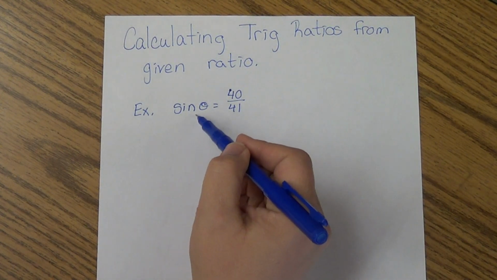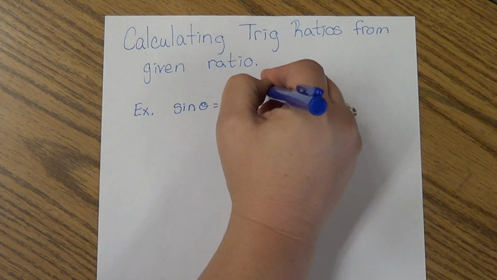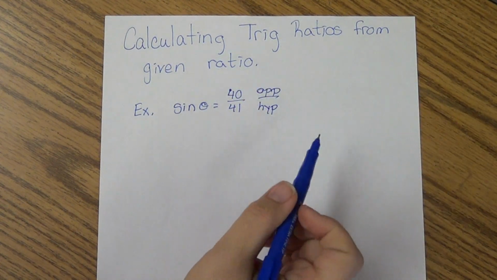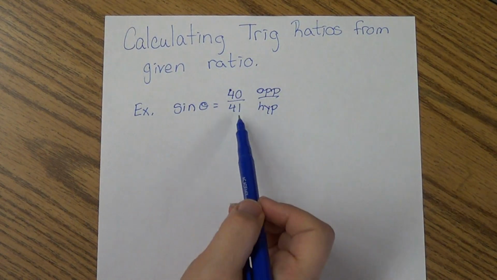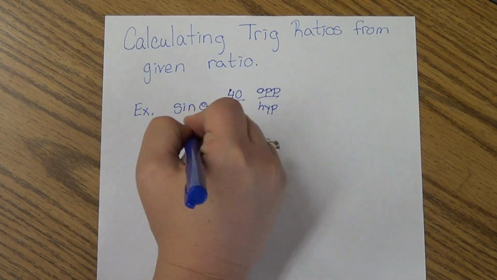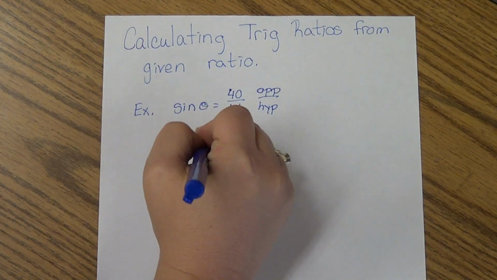Well, what do we know about sine? We know that sine, by definition, is opposite over hypotenuse. So if the sine of theta is 40 over 41, then that means that the opposite was 40 and the hypotenuse was 41.